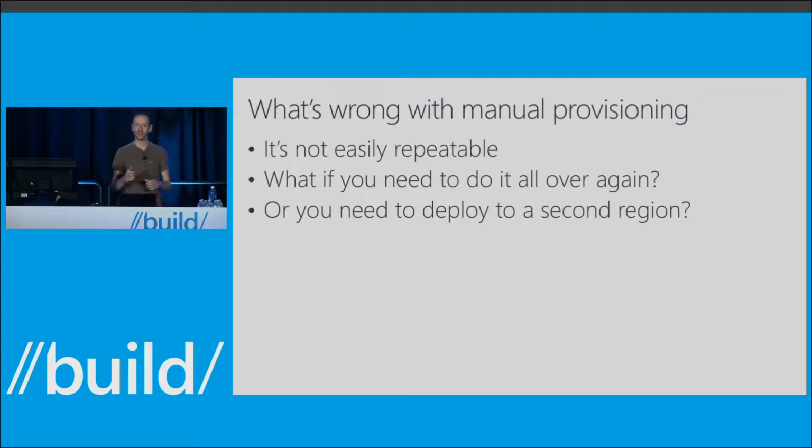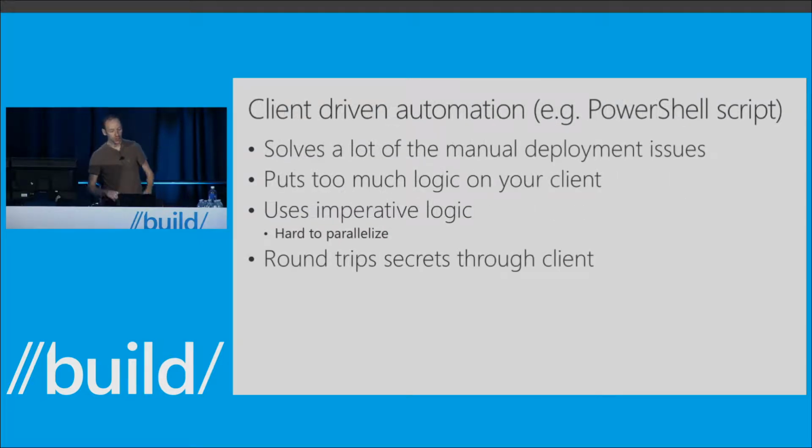Likewise, if you'd like to deploy everything into a second region, maybe to run Traffic Manager and get better world coverage for your site. So the next way is to use a PowerShell script, or some other form of script, which of course is far better than provisioning resources manually and solves a lot of the problems, but it still has some issues in terms of doing really too much logic in your client and using imperative logic.